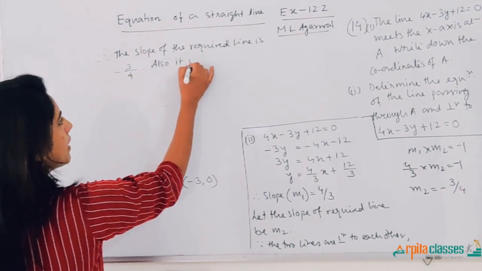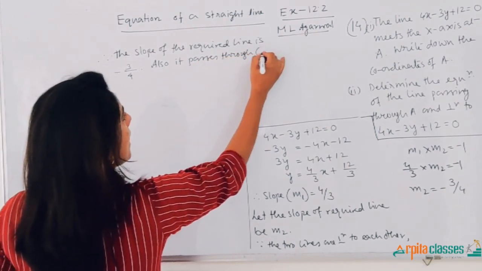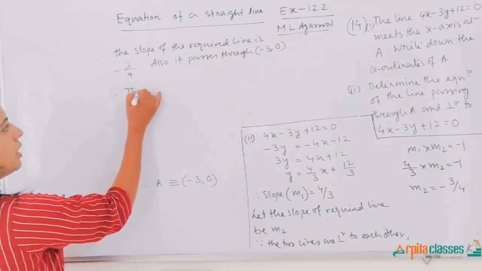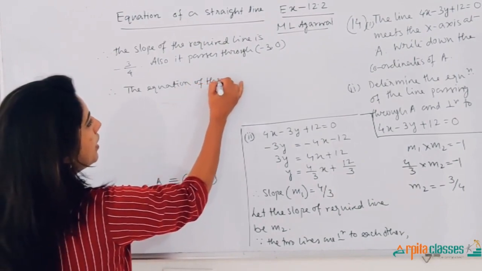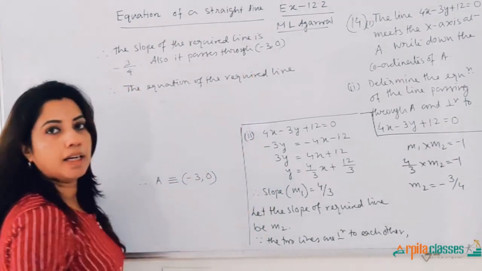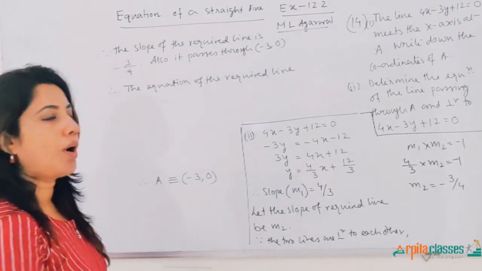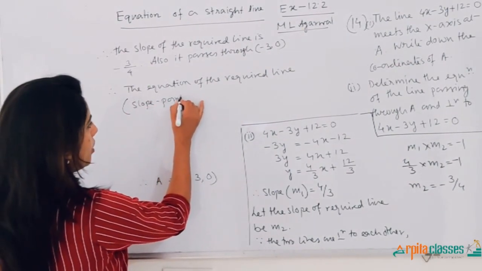Also it passes through minus 3 comma 0, right? Therefore the equation of the required line. Now by which form are we going to get it? We have the slope, we have the point. So we can get it by slope point form. You can mention it here, slope point form.